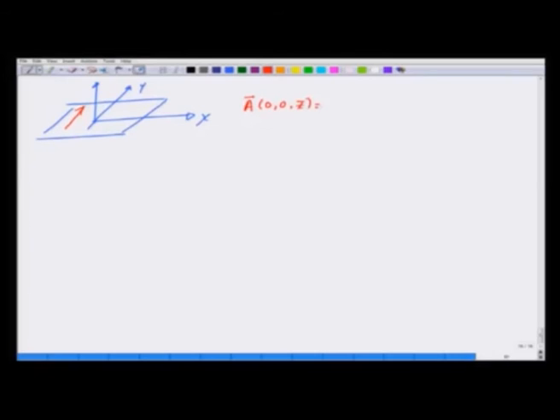It is equal to mu naught over 4 pi integral k delta z prime, in the y direction, dx prime dy prime dz prime over the square root of x prime square plus y prime square plus z minus z prime square.